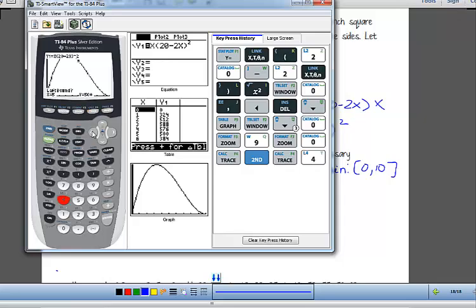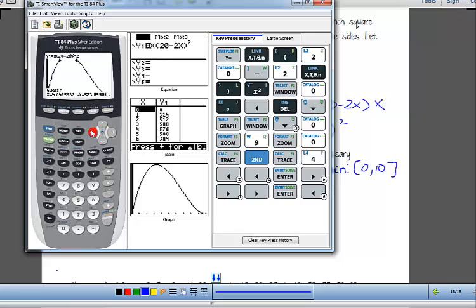Okay, it's going to ask me to go to the left of where I think the maximum is. So there's my cursor, and I believe the maximum is right here. So I'll hit enter. And then we'll go to the right of where we think the maximum is. Enter. And then they ask us to take a guess.